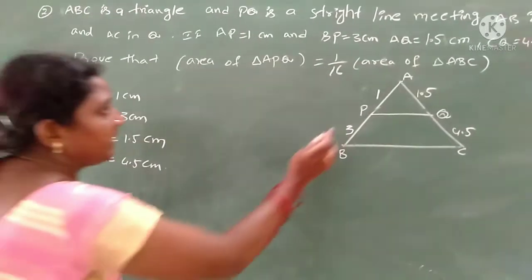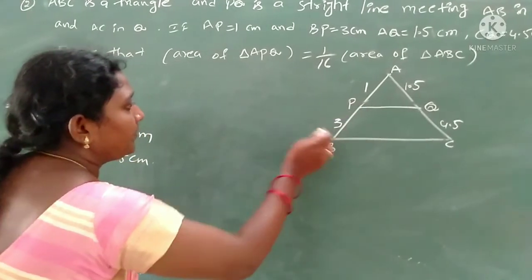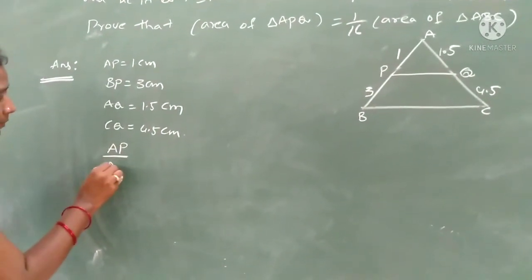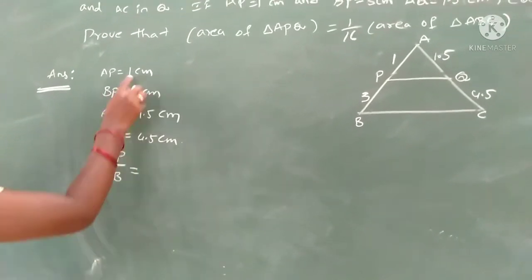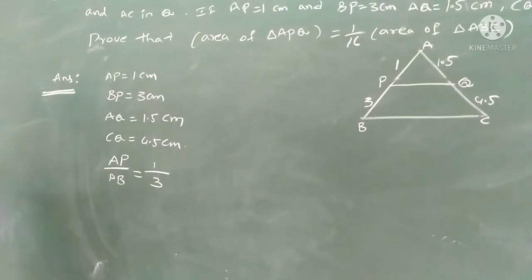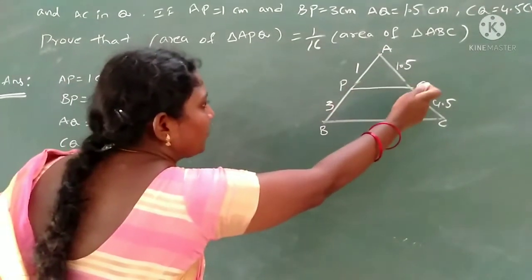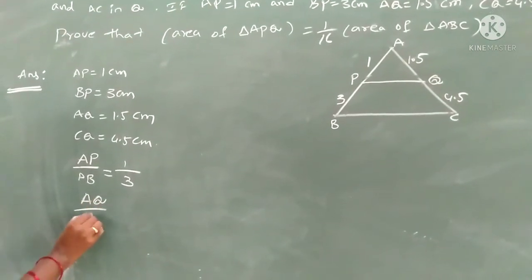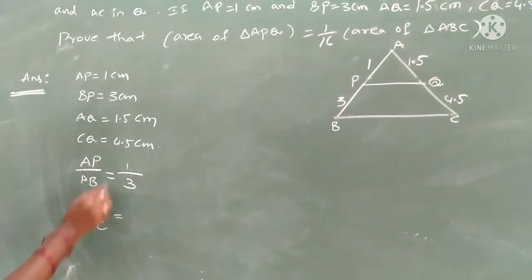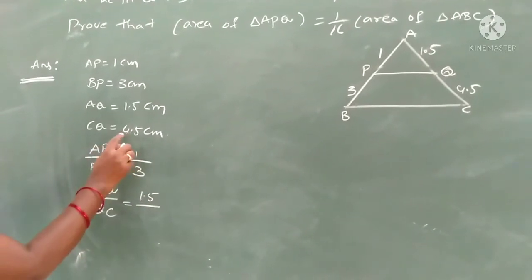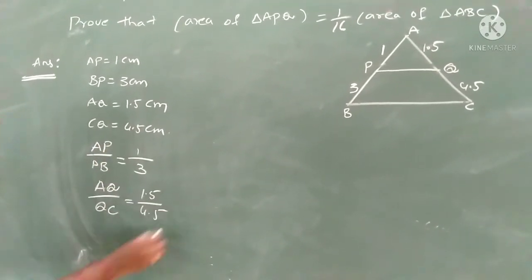First we find the AP by PB value. AP 1 by BP value 3. Next we find the AQ by QC value. AQ value 1.5 by QC value 4.5.